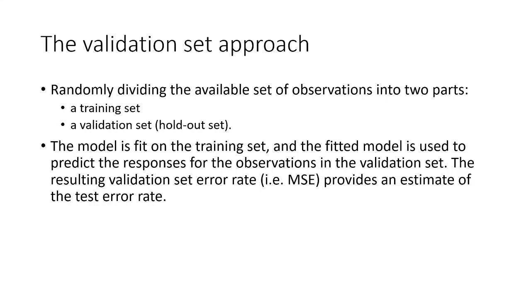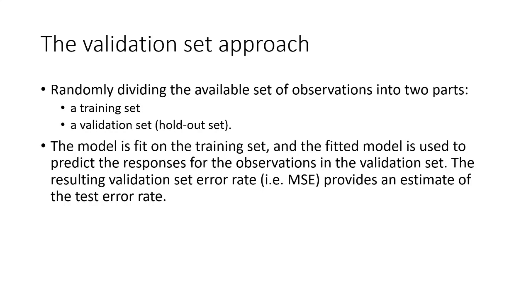Okay, so first we fit the model on the training data set, and then the fitted model is used to predict the responses of the observations in the validation data set.